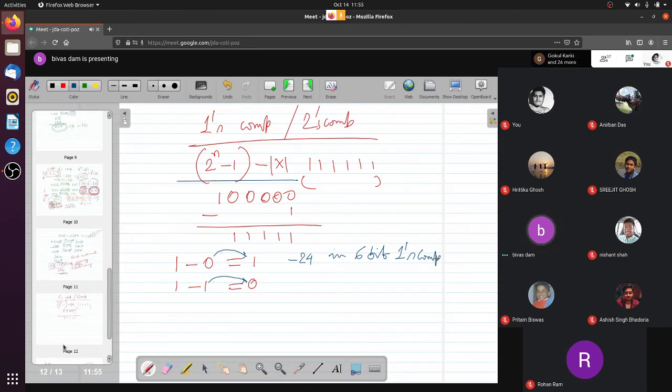In 6-bit 1's complement number system, what will be the representation of minus 24? 1 1 1 0 0 0. Let me do it myself. This is the minus 24, 6 bit.